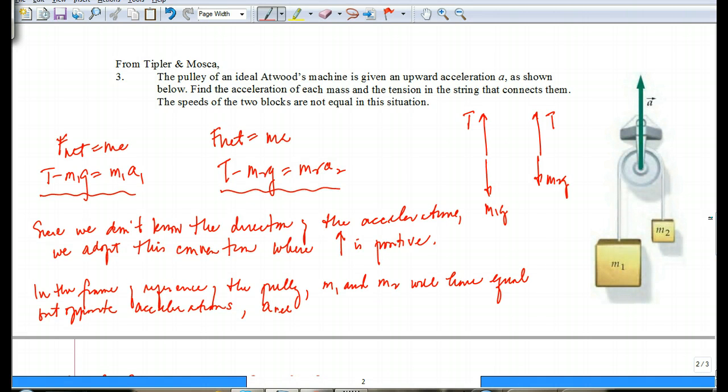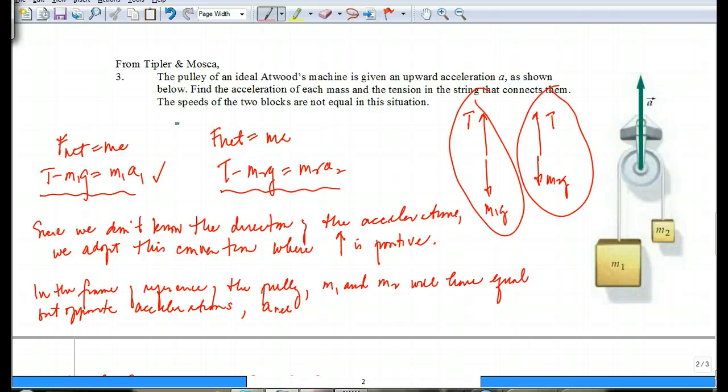For problem 3, we have a free body diagram of M1, a free body diagram of M2, and equations. The net force on M1: T minus M1 g equals M1 a, and for M2: T minus M2 g equals M2 a.